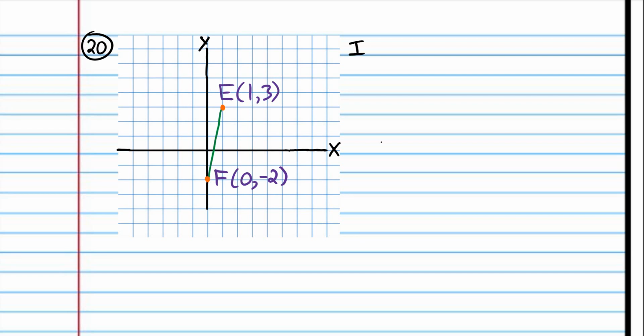All right, we're back. First, we're going to find the midpoint of EF. That's 1 plus 0 over 2, and 3 plus negative 2 over 2.